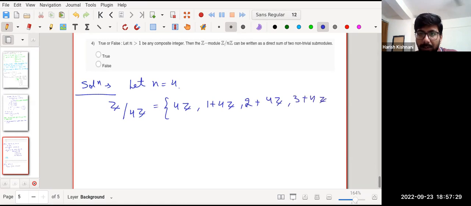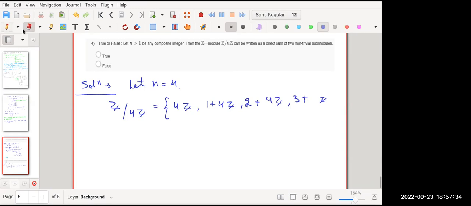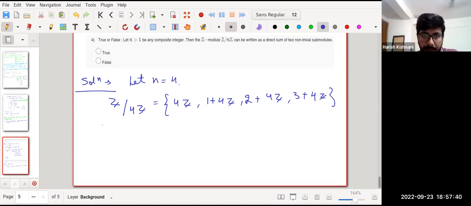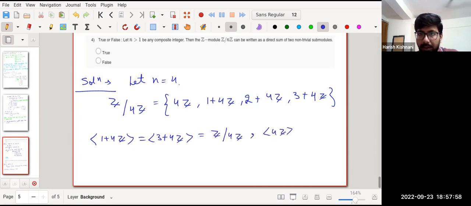It is basically just the group Z4, right? You can see that the module generated by 1 plus 4Z is the same as the module generated by 3 plus 4Z, and that is the entire Z/4Z, and the module generated by 4Z is nothing but the trivial submodule.